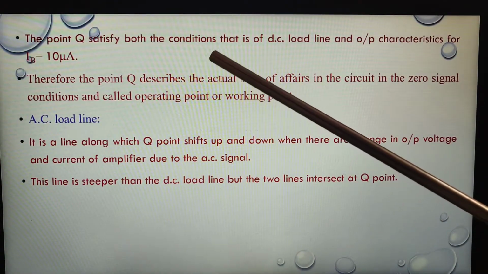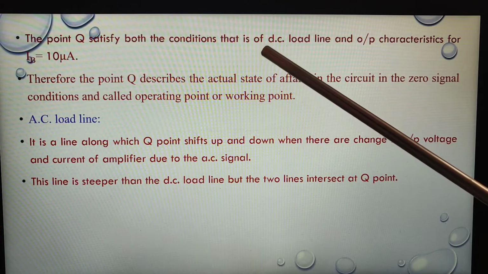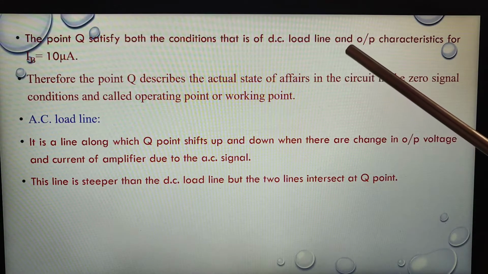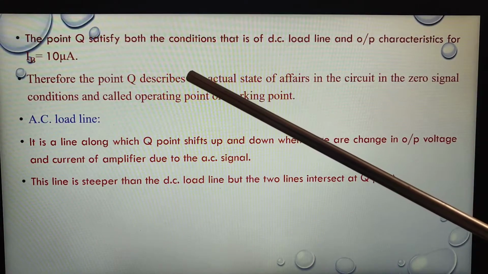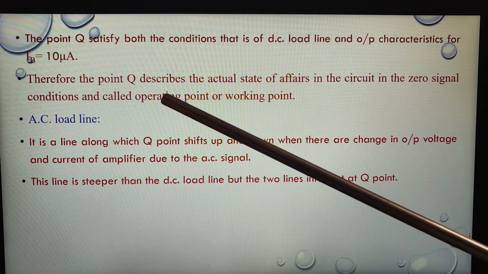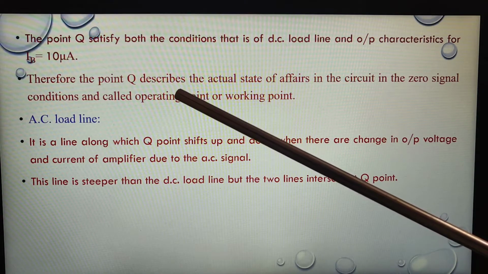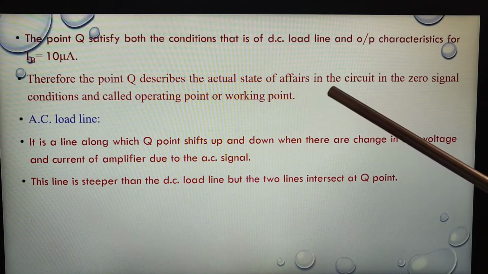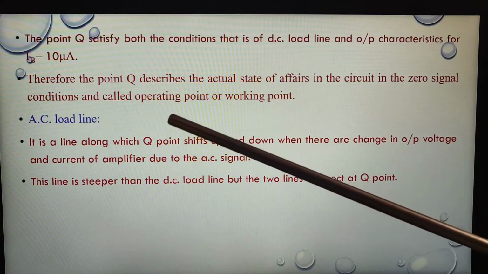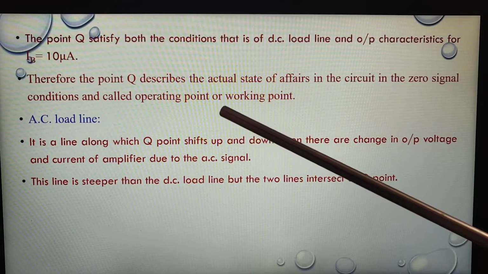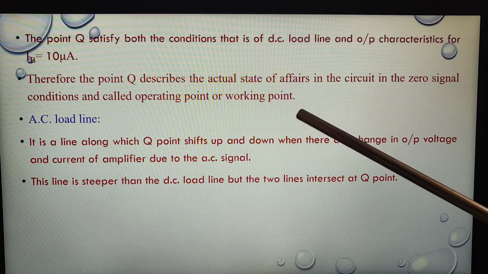The point Q satisfies both the conditions, that of DC load line and output characteristic for IB equal to 10 microampere. Therefore, the point Q describes the actual state of affairs in the circuit in the zero signal condition and is called operating point or working point.